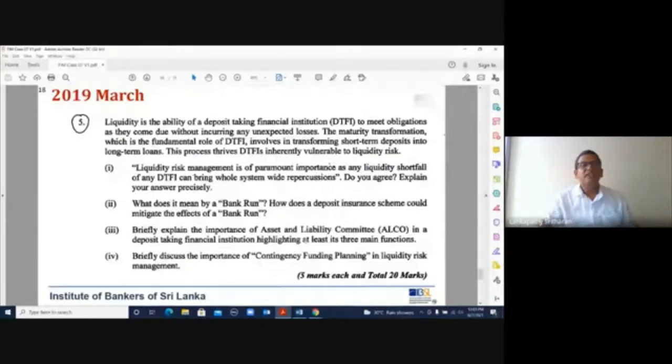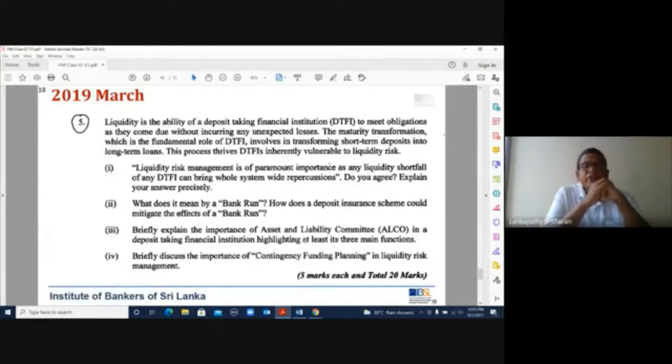Okay, the 2019 March question, which is also relevant to the liquidity risk of the bank. First, we will read out the statement.